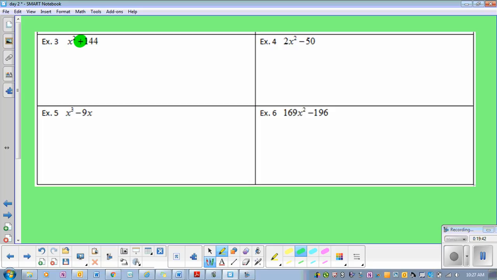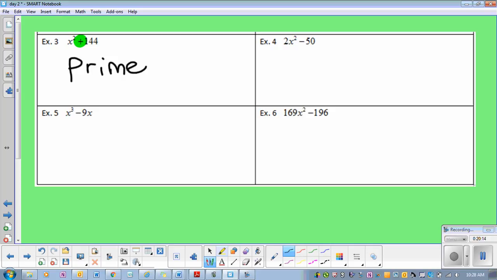Everything is a perfect square, and there are two terms, but it's not a difference. Is there a GCF? Just 1, right? So we don't count that. So then, can I do anything with this? Can I dose this? No. So you know what? This is a prime. There's no GCF, but it's plus, then it's a prime. Can't do anything to it.